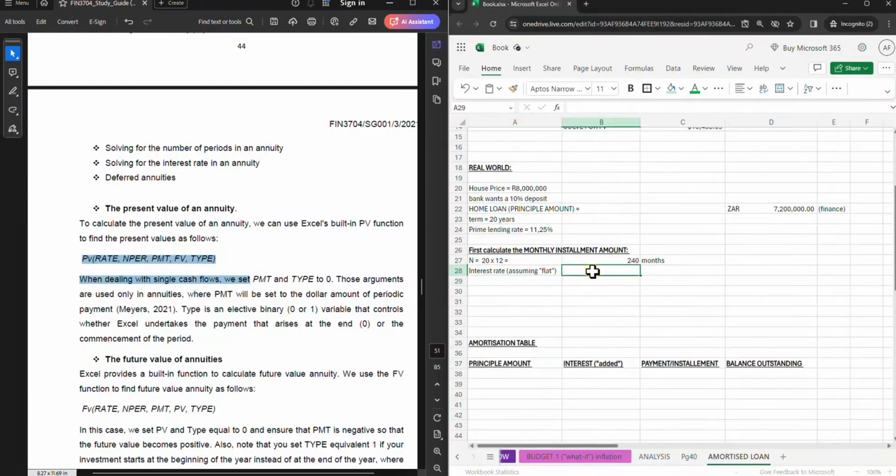Obviously, if it changes, we would have to change it. So we said 11.25% divided by 12 is 0.93% per month. We set the principal, so the loan amount was 7.2 million. What else do we need? That's it. Solve for the payments.